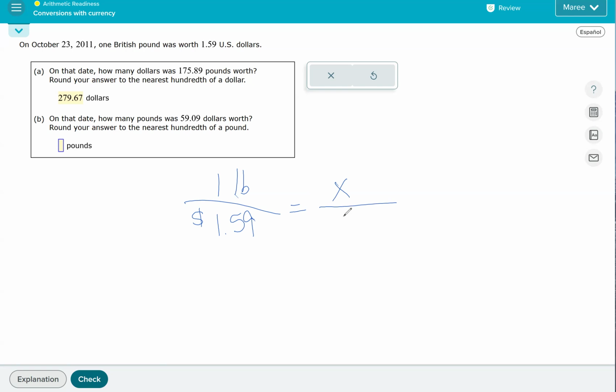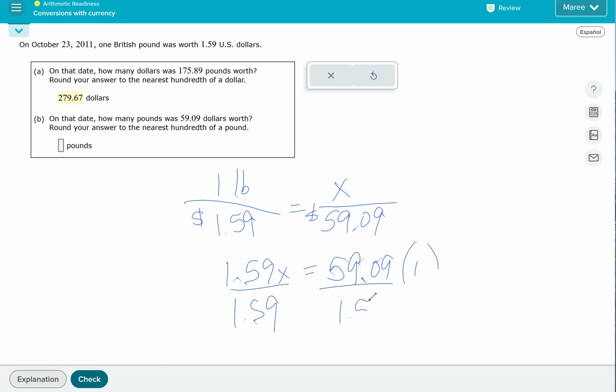So we're going to put in our dollars, $59.09. And then we'll do our cross multiples again. So we know that $1.59 times X is equal to $59.09 times 1 pound. That times 1 is just $59.09. So we're going to divide. We need to divide the dollar amounts to find out how many pounds they are.